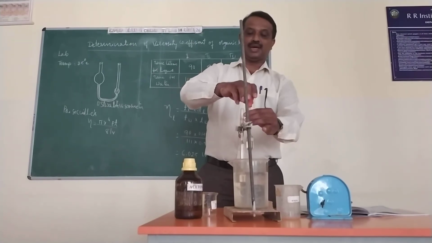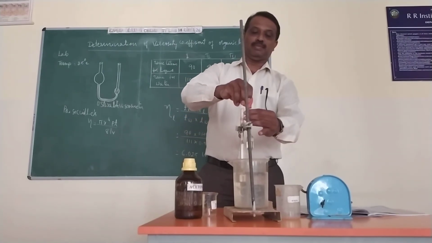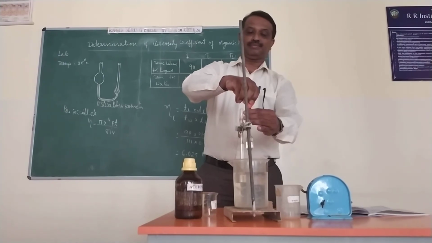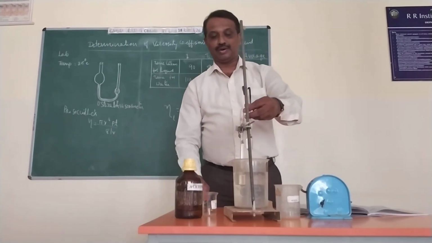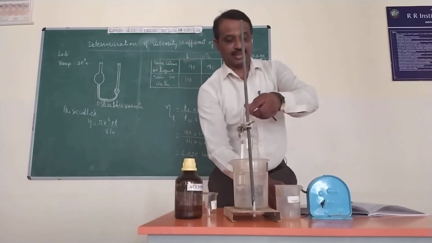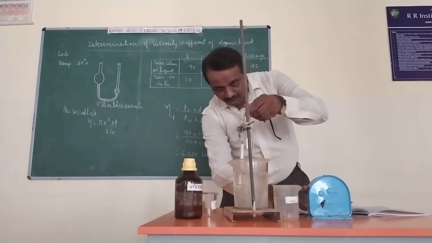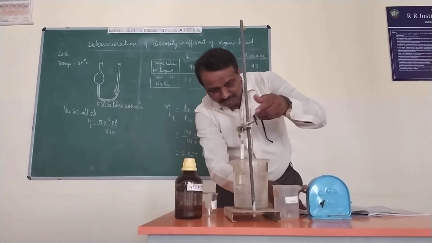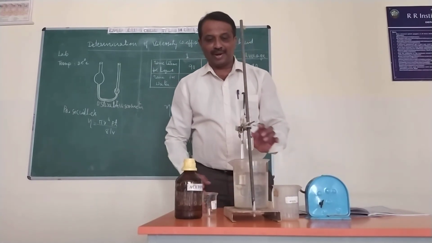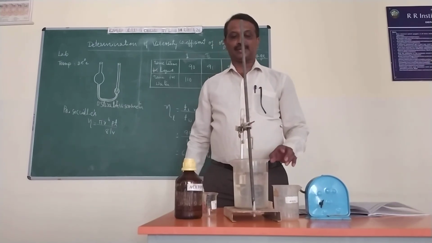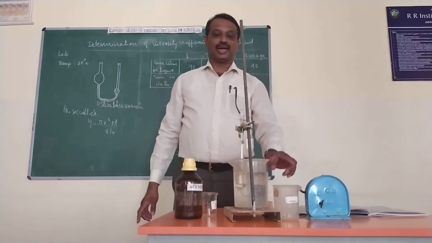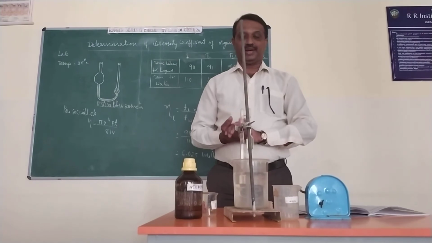It takes a maximum of 1 minute to transfer. Okay, I've done it. Using this stopwatch, now I am starting the movement of the liquid from the upper mark to the lower mark. So that is the seconds we are counting.